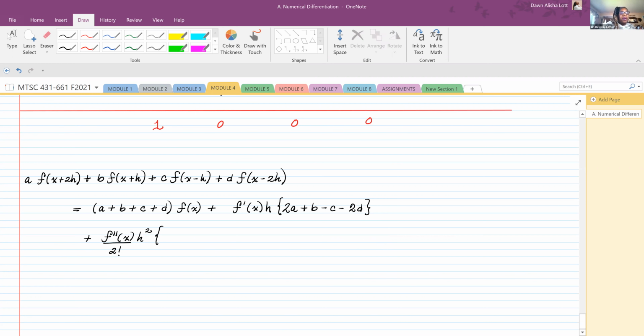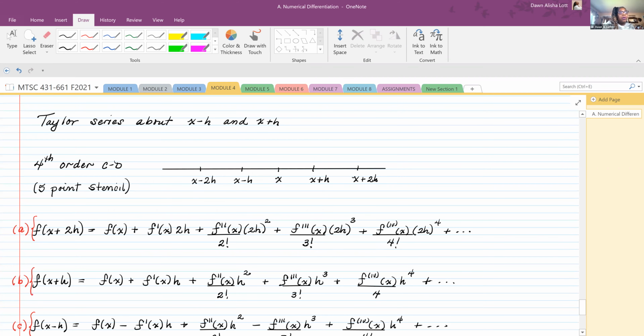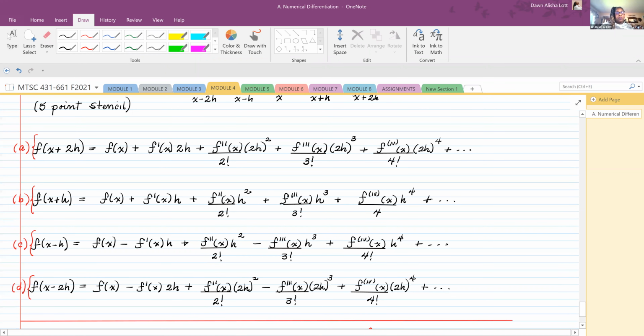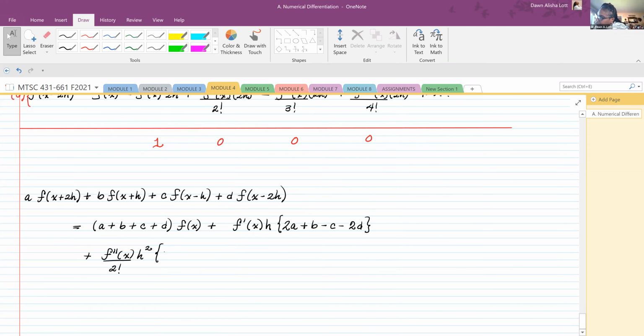And when I factor that out, I'm going to have 4 times A plus B plus C plus 4 times D. So I get 4 times A plus B plus C plus 4 times D. And that's the coefficient of the second derivative.